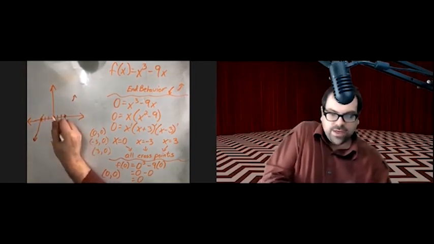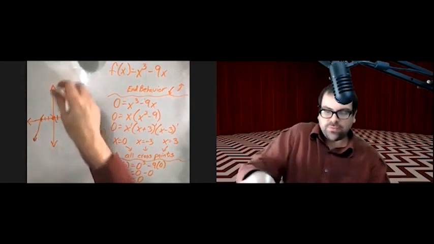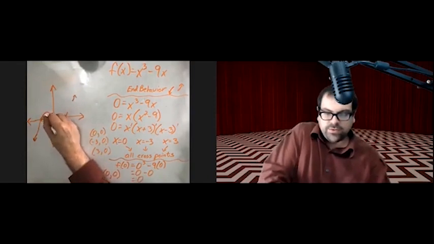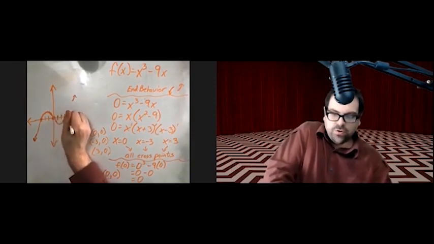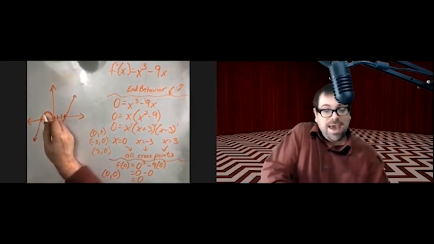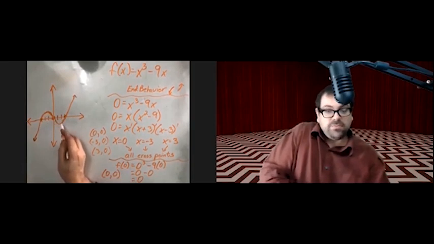And since it has to cross here, it's going to have to come back down through, and then it's going to have to cross here. So it's going to come back up, which tracks with rising off to the right. So somewhere in here, it's going to have to fall back down. Somewhere here, it's going to have to go back up, which means we're going to have a relative maximum over here. We're going to have a relative minimum here.